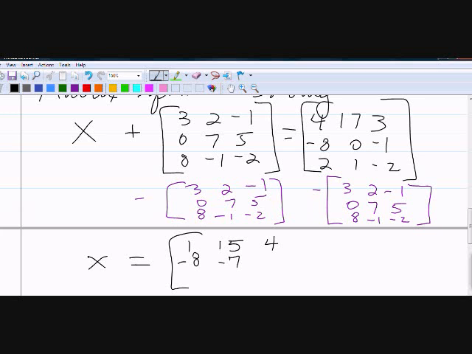Negative 1 minus 5 is negative 6. 2 minus 8, negative 6. 1 minus negative 1 is 2. And negative 2 minus negative 2 is 0. So matrix X is 1, 15, 4, negative 8, negative 7, negative 6, negative 6, 2, 0.